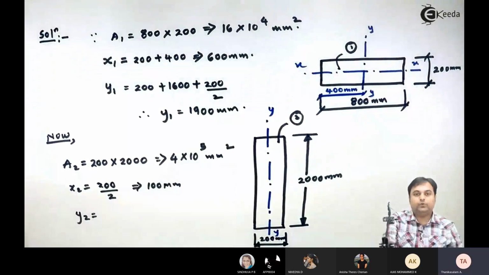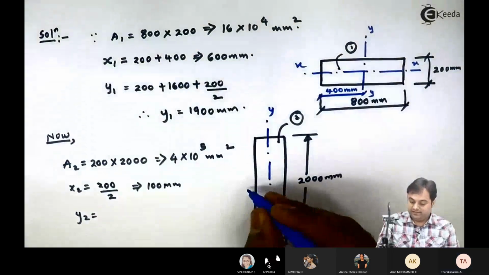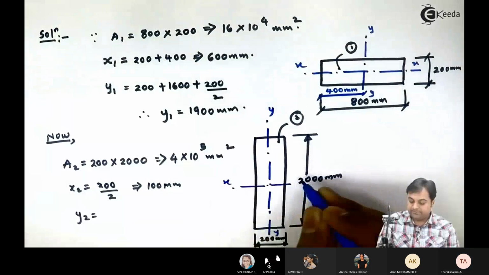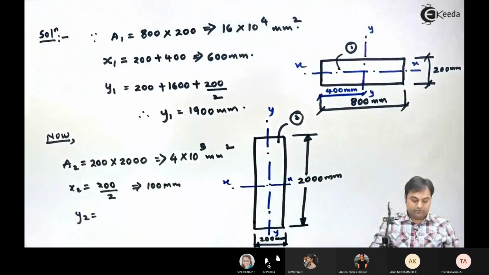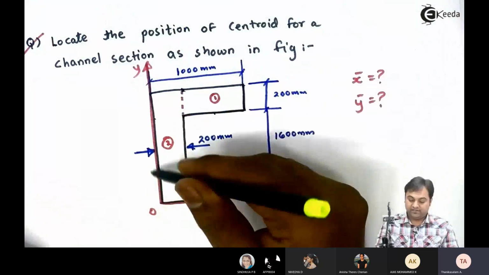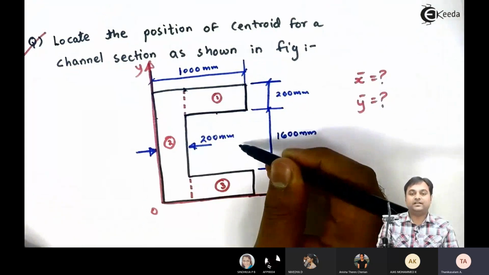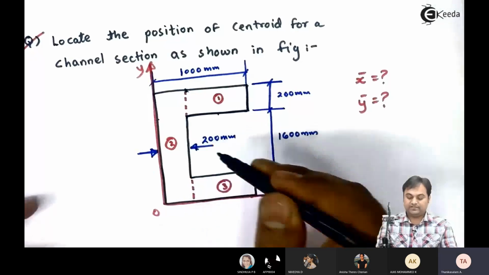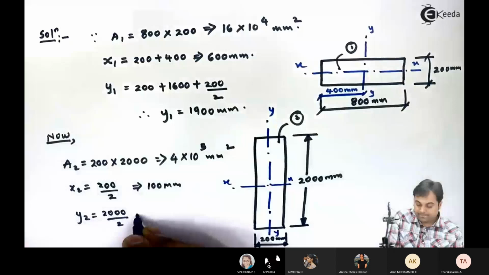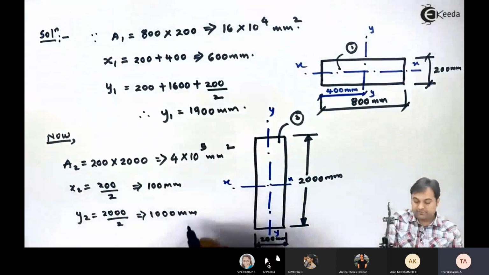Then y2 represents the x-axis of the second rectangle. That will be exactly at half of the total height. Rectangle number 2 has its height as 2000, so its x-axis will be at half of 2000 from the x-axis. So it is 2000 divided by 2, that is 1000 mm.